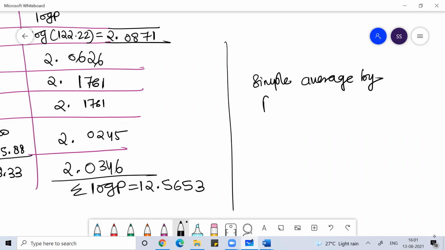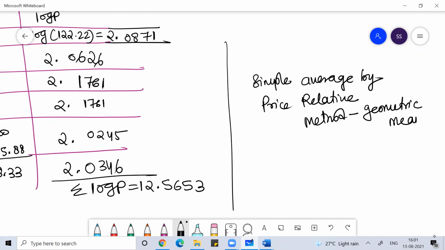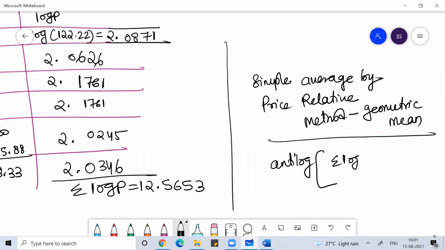And then if you follow the simple average by price relative geometric mean method, the geometric mean is calculated as the anti-log of sum of log P by n.